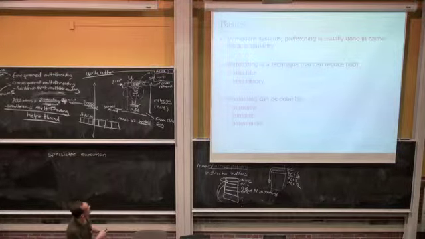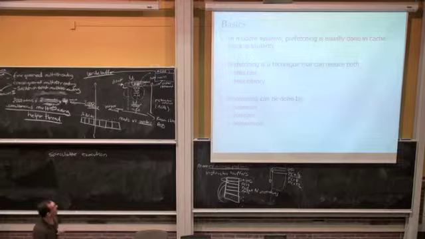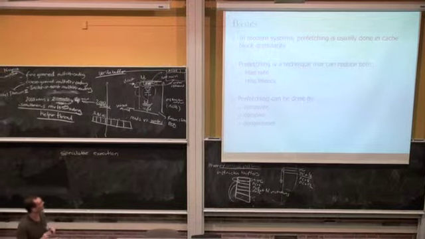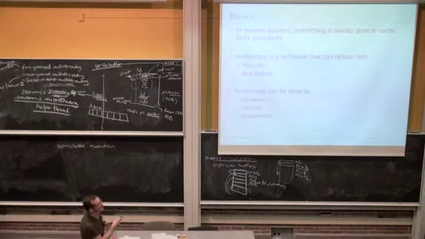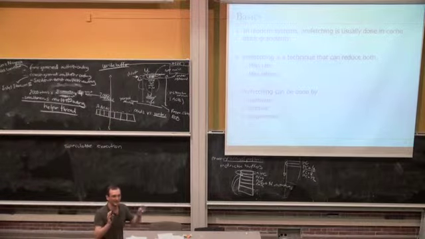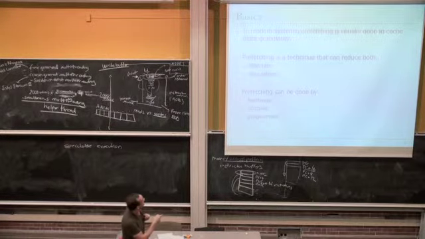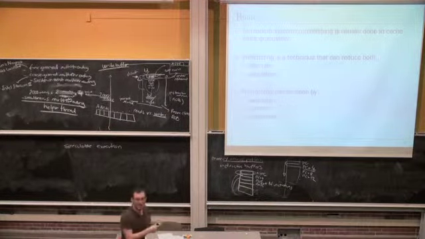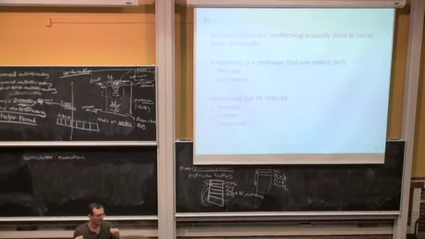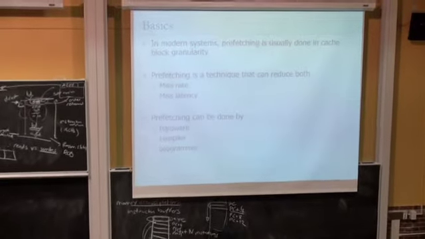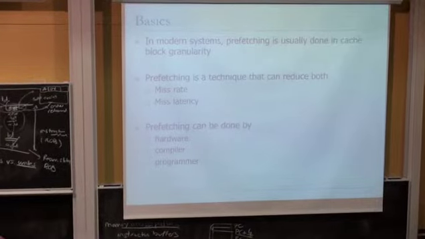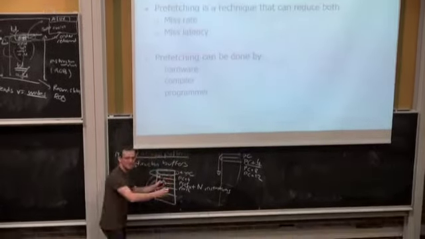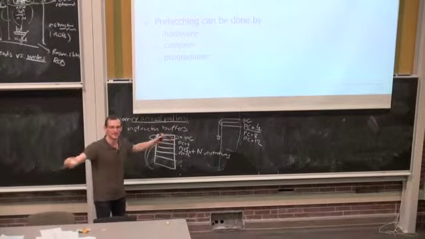So some basics. In modern systems, everything I will say in this lecture from now on will assume that you actually have a cache. That's a given. And prefetching is usually done at cache block granularity, meaning you look at the cache blocks that you miss. Here I showed you PC, but it's really the cache blocks you're going through when you're fetching instructions.